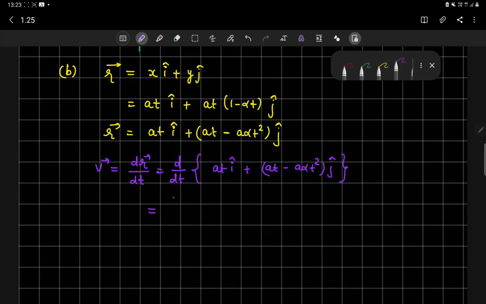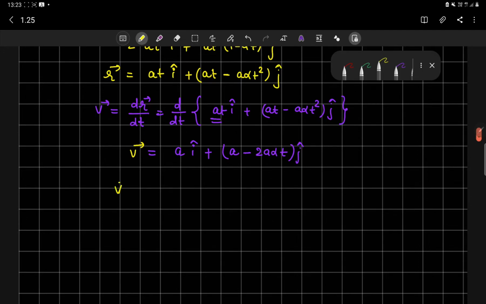Now if we differentiate at, we will get a, because a is constant and the differentiation of t is 1. So we will get a i cap, and here also the differentiation of at will be a, minus the differentiation of t squared is 2t and a alpha is constant, so we will get 2a alpha t into j cap. So this is the expression of the velocity vector we got.